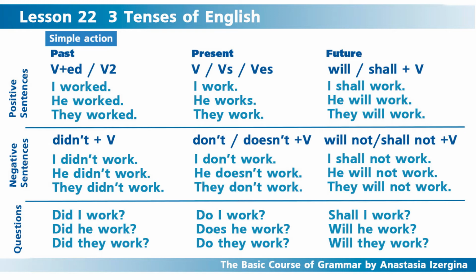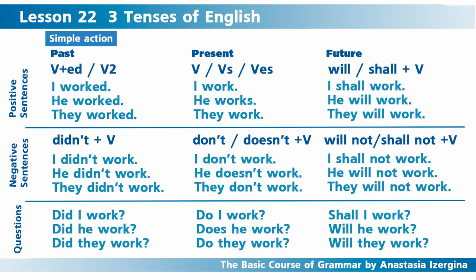Let's see the examples. I worked, he worked, they worked. This is a positive sentence in the past tense in simple action. I work, he works, they work. This is present tense for simple action in a positive sentence. I shall work, he will work, they will work. This is future tense for simple action in positive sentences.